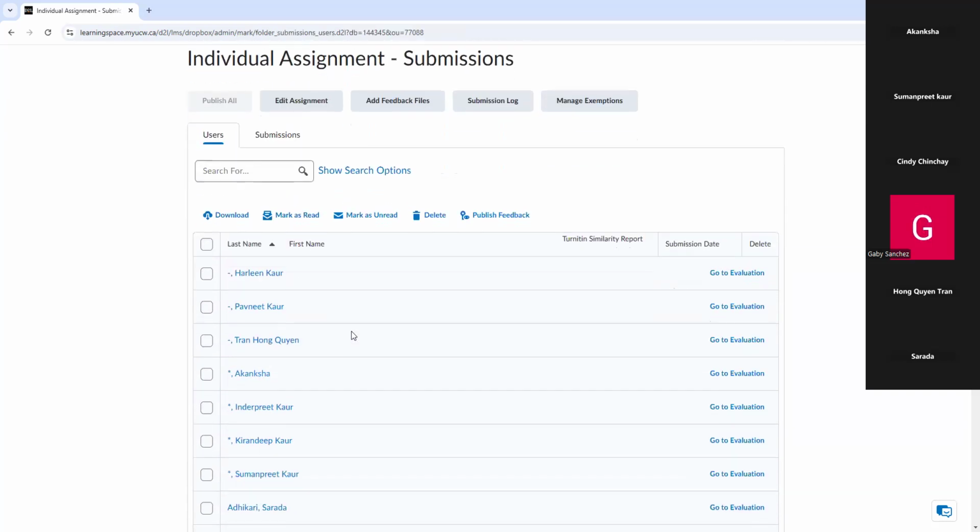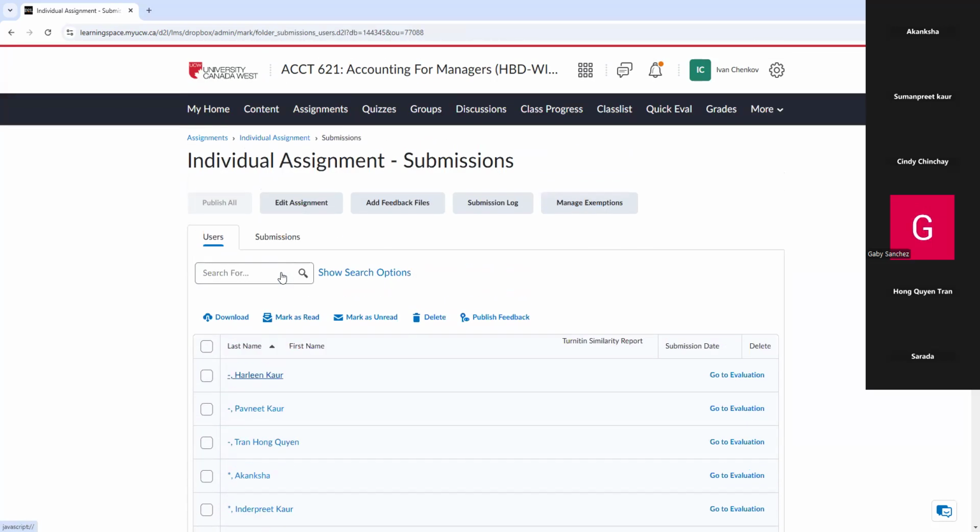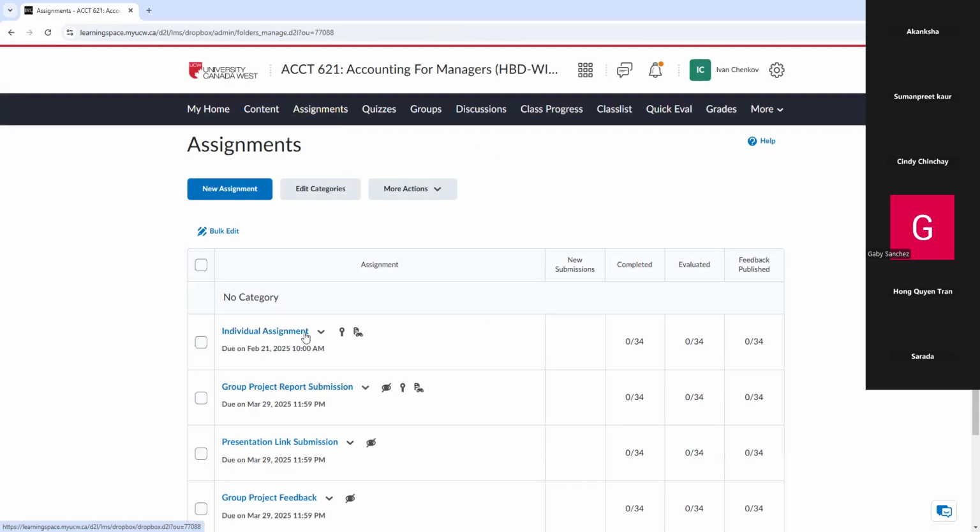You're going to come here and make your submission. By 10 o'clock, you have to make a submission. Because after 10 o'clock, that submission site will disappear.